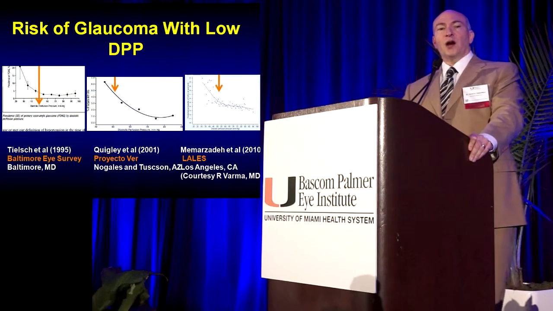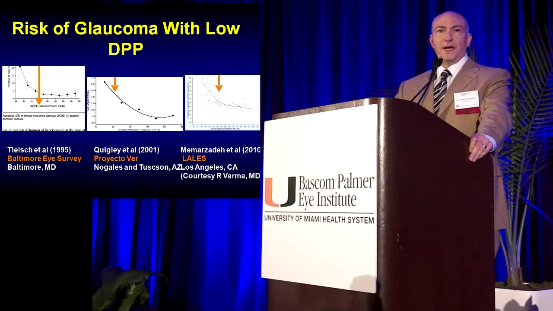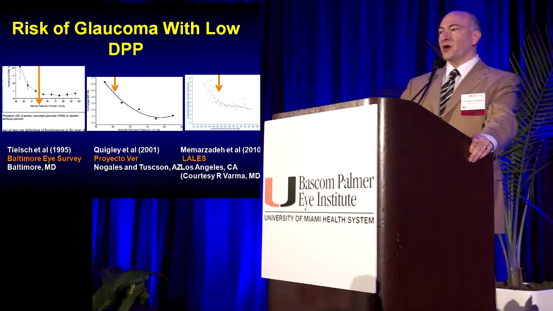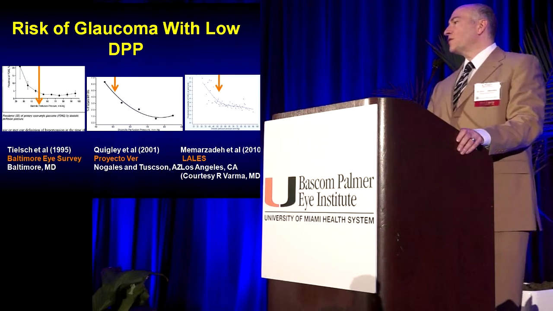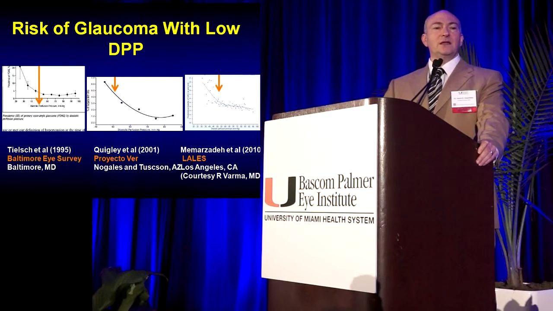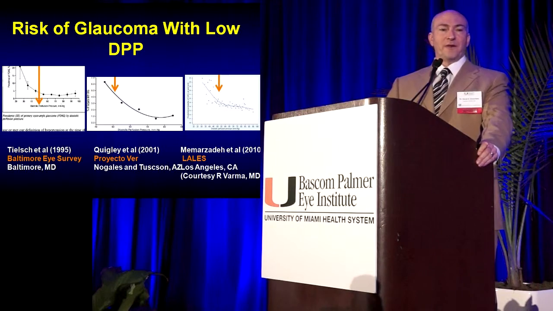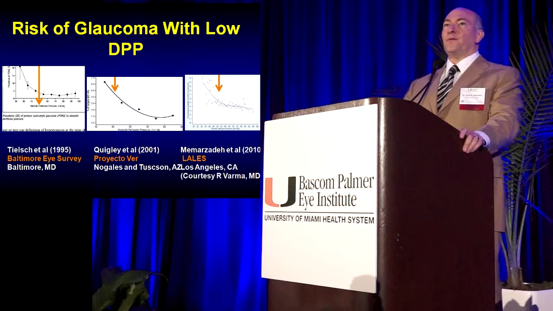What I'm showing you on this illustration are the relationship between the diastolic perfusion pressure and the proportion of patients that develop glaucoma from 3 different studies: the Baltimore Eye Survey, the Lale study, and the Proyecto VER study, done completely in different populations.